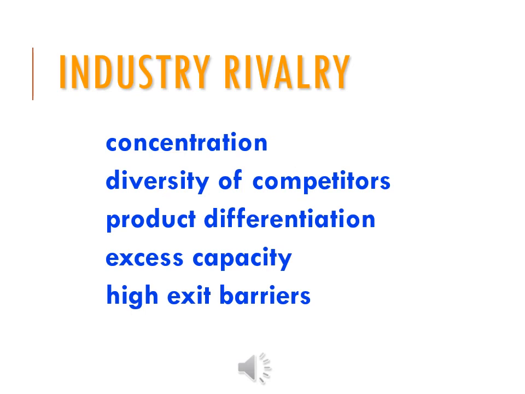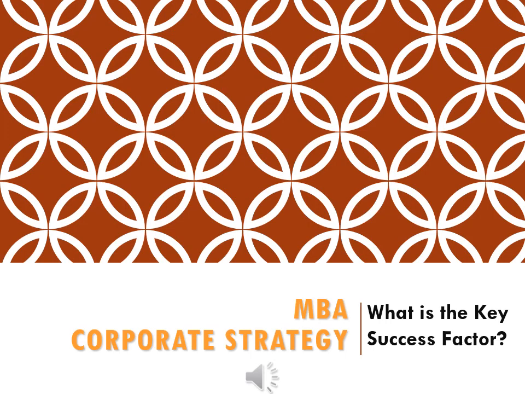If you have diverse competitors jockeying for the local market, that's another one. We also have product differentiation, access capacity, and high exit barriers. So these are all the main things that we need to be aware of.